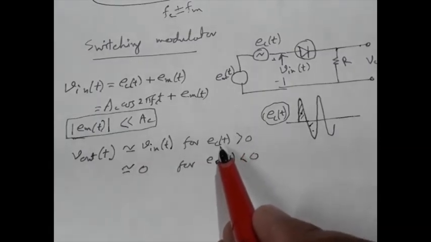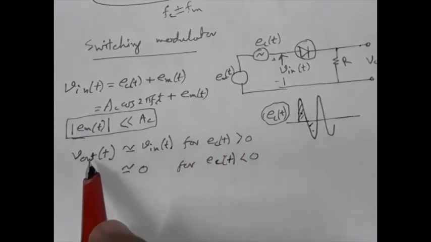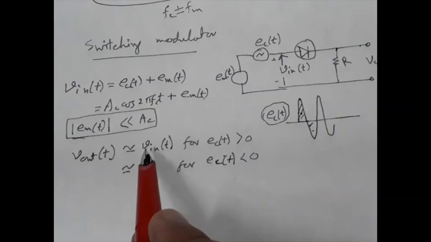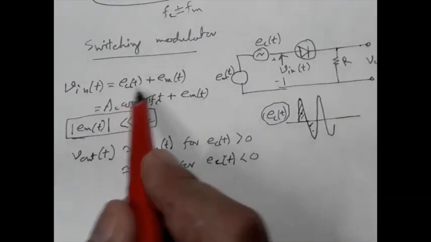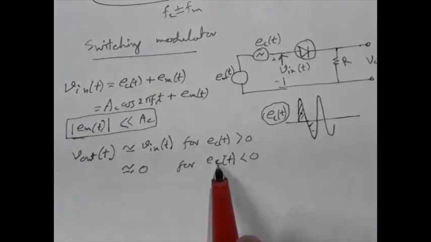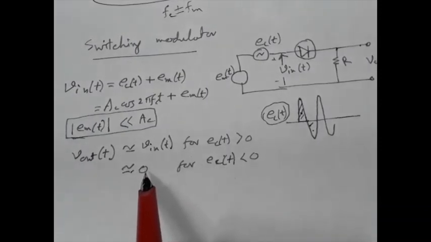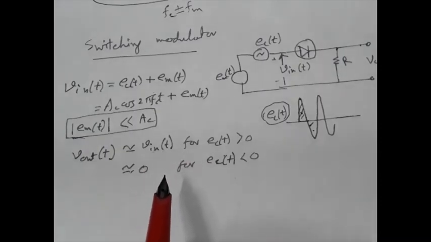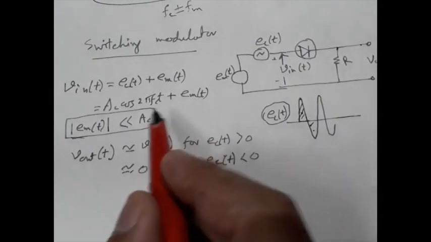So for the positive half cycle of the carrier, the output voltage equals the input voltage, and input voltage means the combination of these two voltages. And during the negative half cycle of the carrier, the output voltage is 0. This means that the load voltage V out(t) varies periodically between the values V in and 0 at a rate equal to the carrier frequency fc.